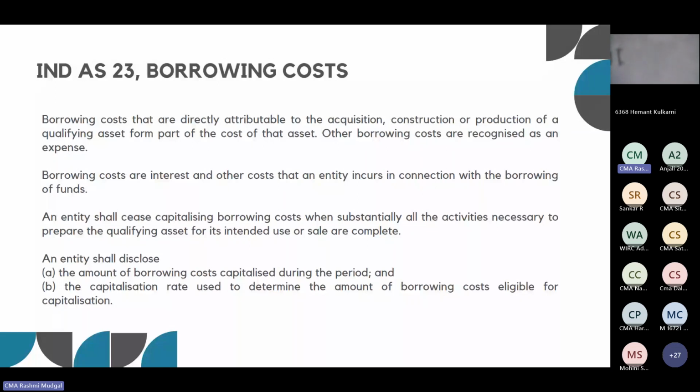Next, an entity shall cease capitalizing borrowing cost when substantially all the activities necessary to prepare the qualifying asset for its intended use or sale are complete. An entity shall disclose the amount of borrowing cost capitalized during the period.